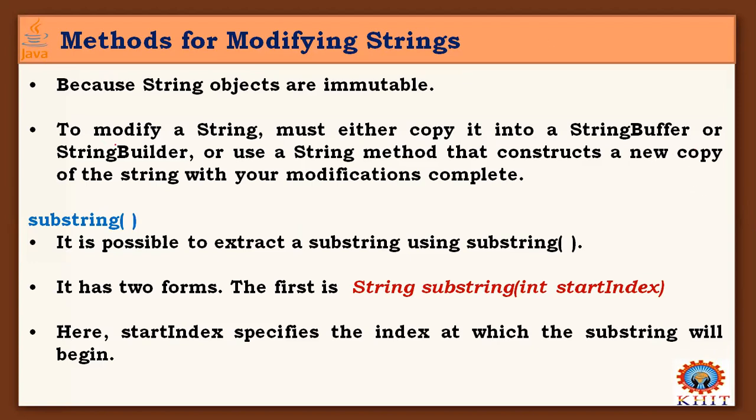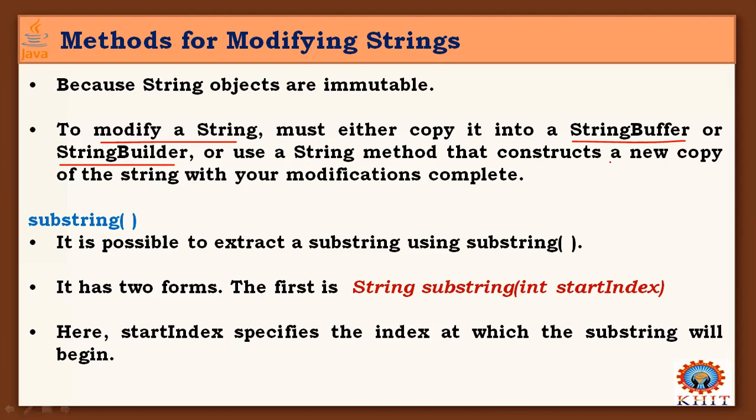So before going to this one, to modify a string you must either copy it into a StringBuffer or a StringBuilder class. These are the two classes specifically designed for modifying strings, and we will discuss these two classes at the end of this chapter.